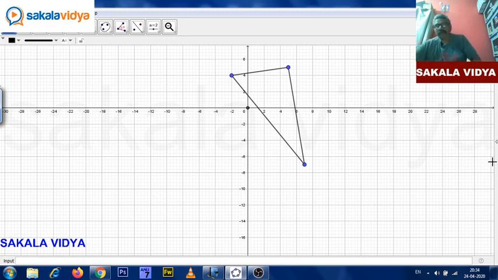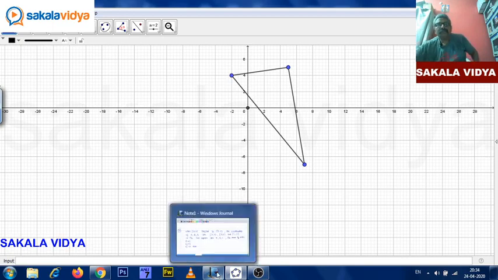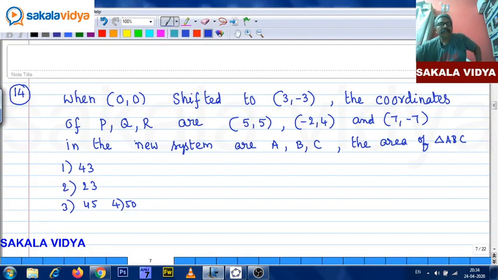So the area of triangle PQR is the same as the area of triangle ABC. The area formed by the points PQR is the same as the area formed by the 3 points ABC. That means you need not find out A, B, or C. Directly find the area of triangle PQR; even if you shift the origin, it won't change.